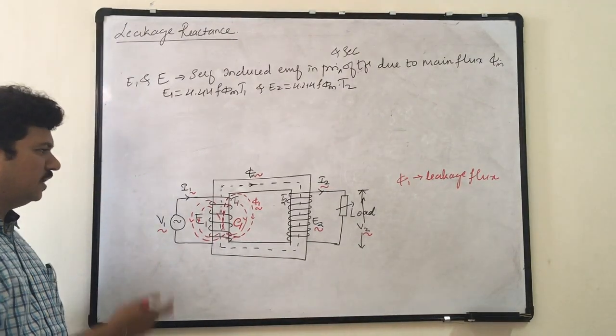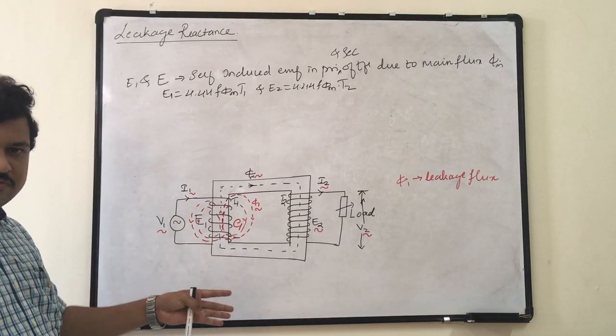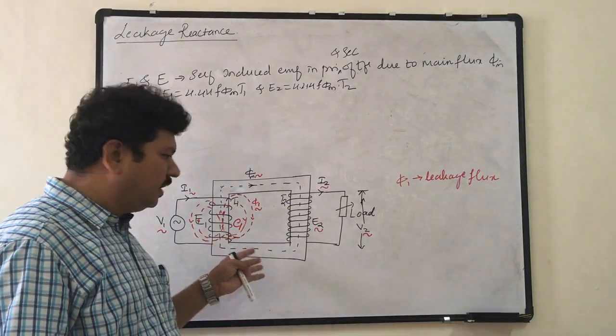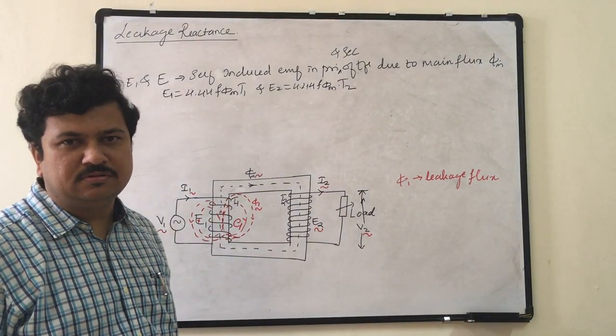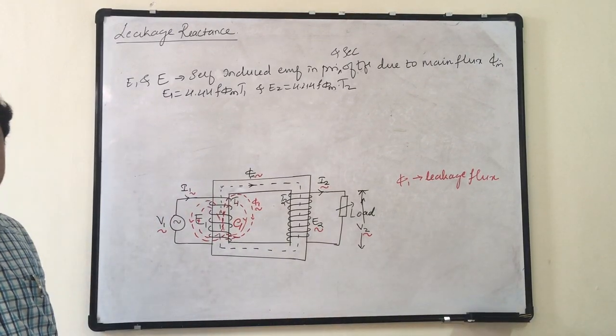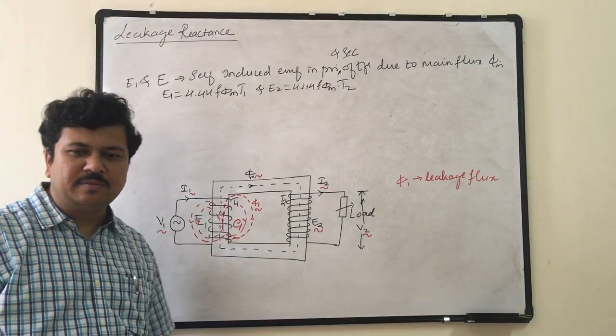Now how many voltages are there across the primary? Primary voltage, supply voltage V1, primary induced EMF E1, and leakage induced EMF, small e1. So three voltages are simultaneously acting in the primary winding.